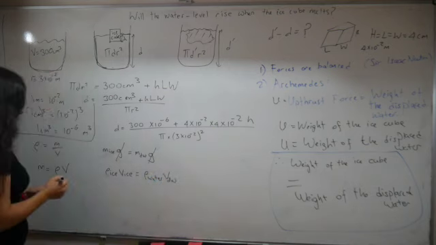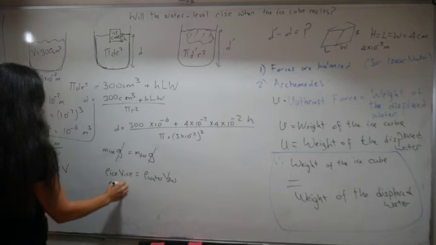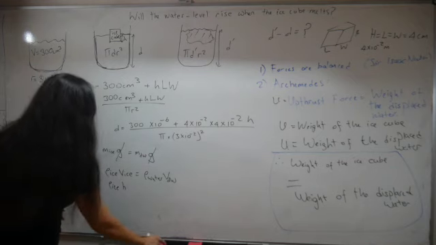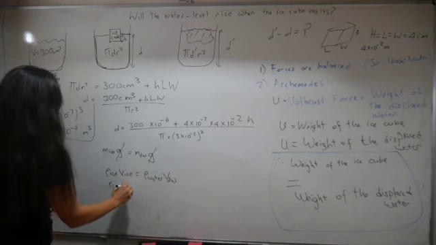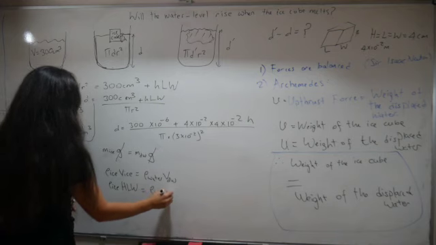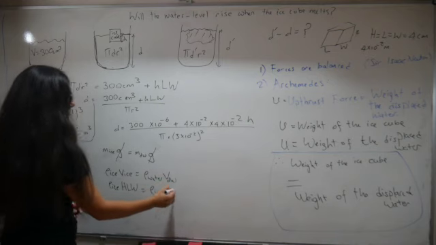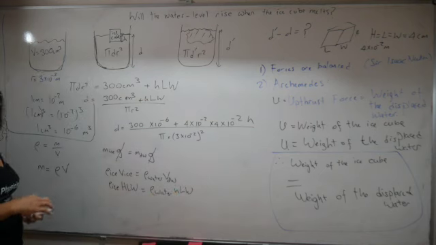Okay, so let's write that. The volume of ice is h, and the volume of the displaced water is H L W. So I have some cancellation here again.